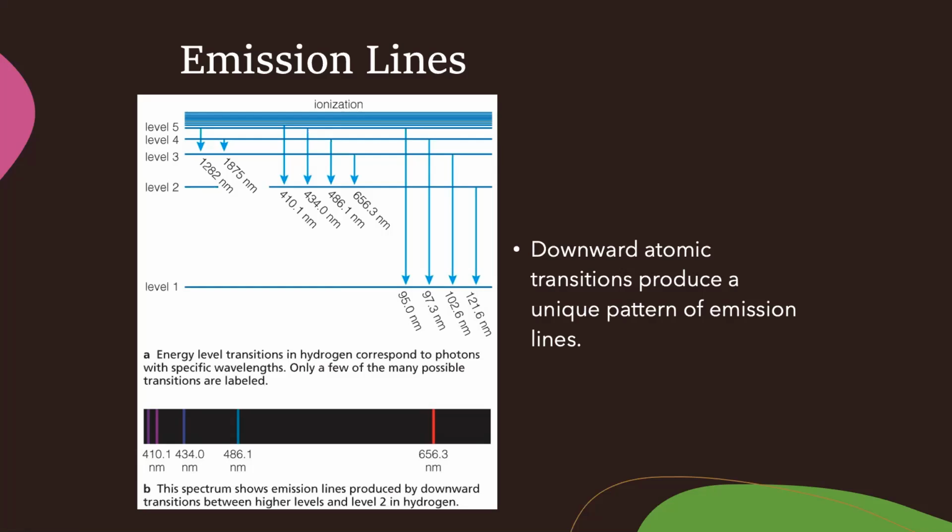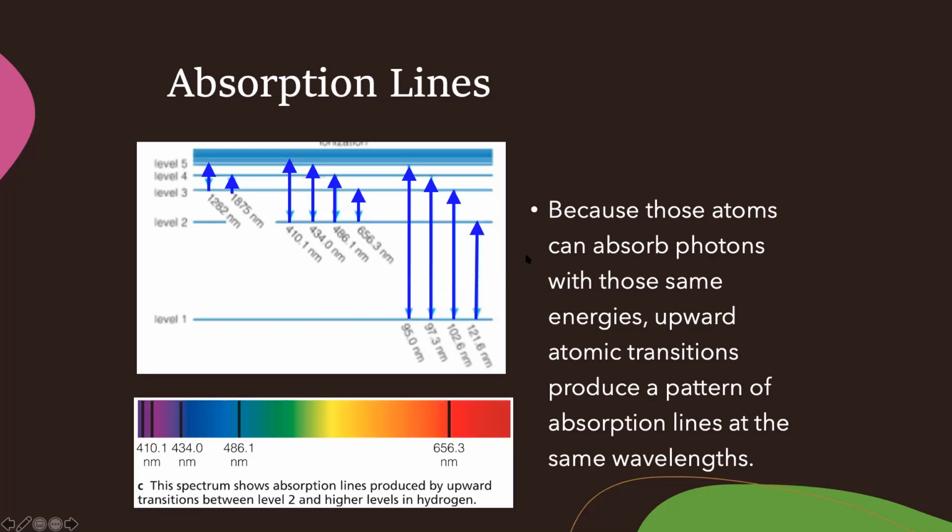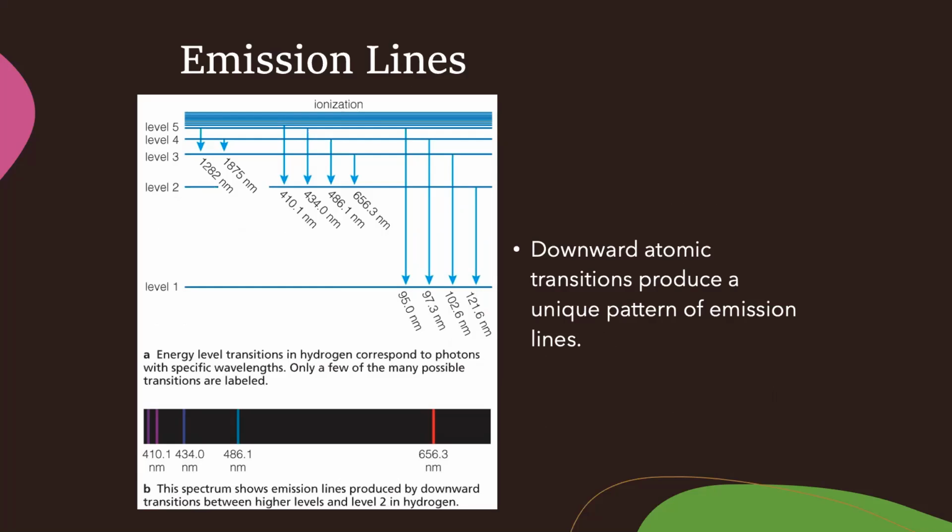But then we also have the absorption line spectrums, right? And for any given element, it's just going to be these same arrows, but in reverse. Because the atoms are only allowed to absorb certain photons with certain amounts of energy corresponding to the differences in energy levels. So that's why the absorption and emission spectral lines look inverted.